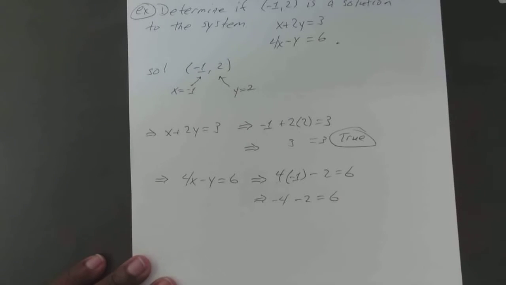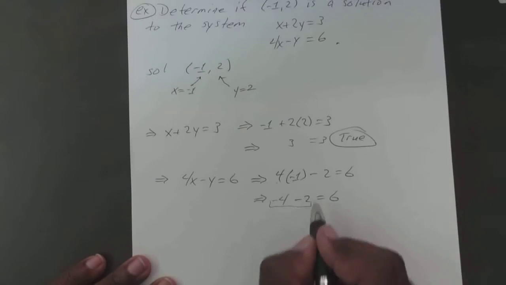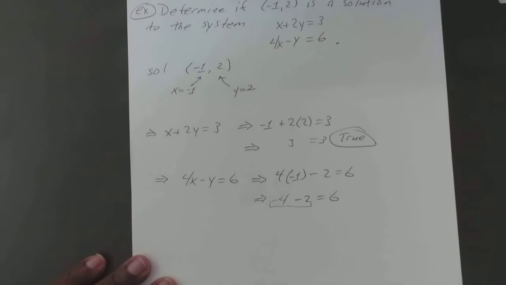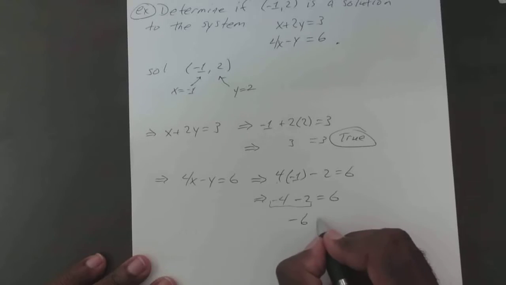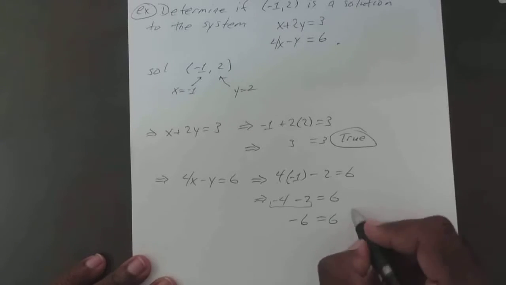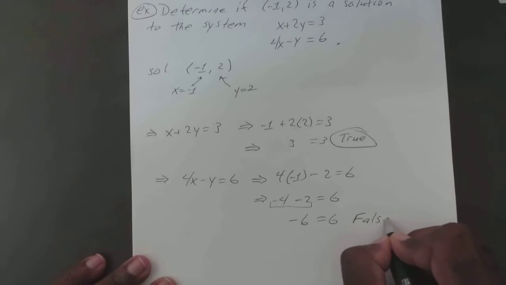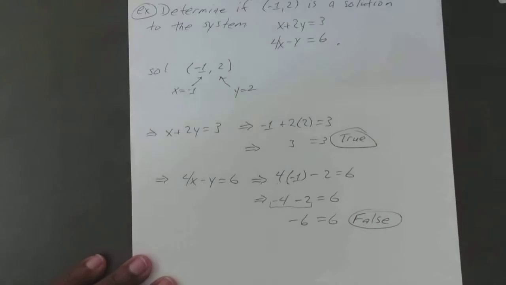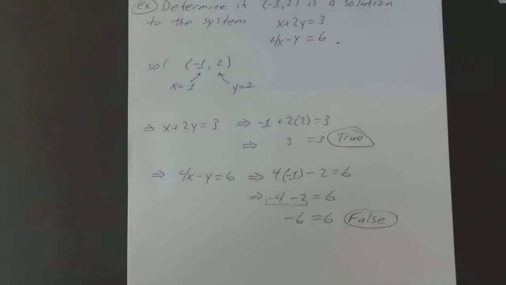Minus 2 equals 6. If you look at this side, -4 minus 2 is equal to -6. So -6 equals 6 is false. That's not a true statement. So that means that this is not a solution. Doesn't mean a solution doesn't exist. It just means that this particular ordered pair is not one. Okay? Any questions on that one? All right.